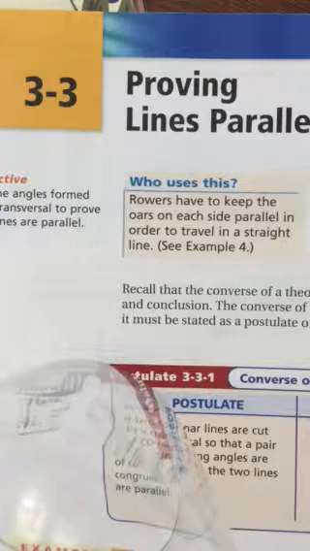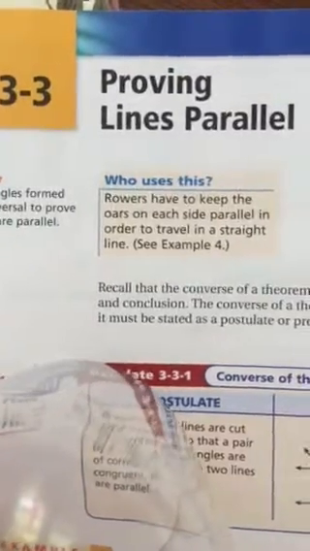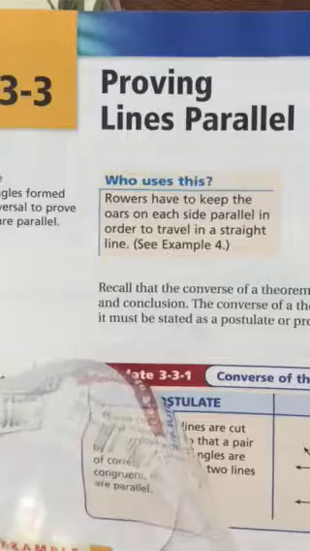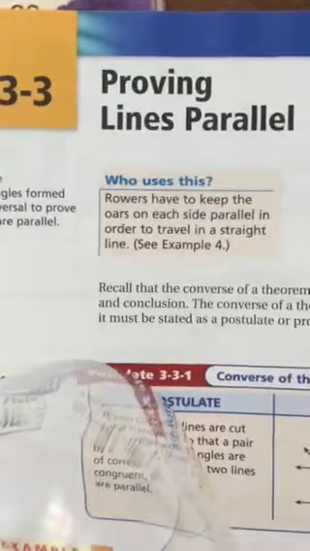Hi everyone, this is lesson 3-3 in geometry, and we are going to be looking at page 162, proving lines parallel. Now the last lesson that we learned in 3-2 was full of situations where we already knew that the lines were parallel, and then we learned things about the angles that were created by parallel lines crossed by a transversal.